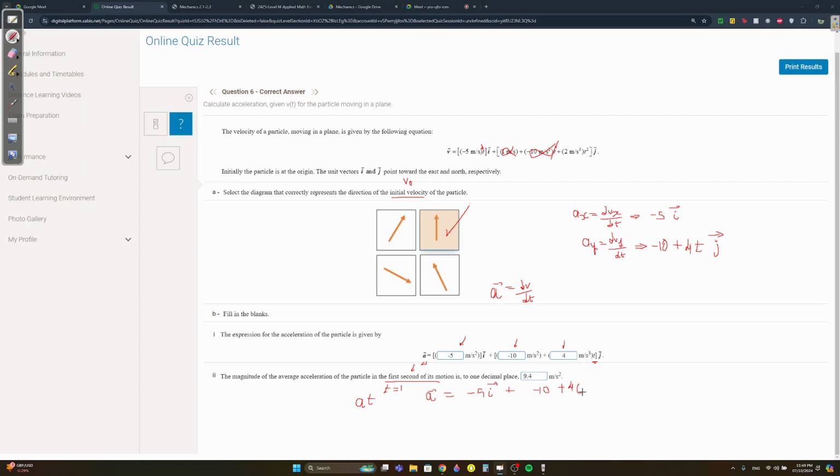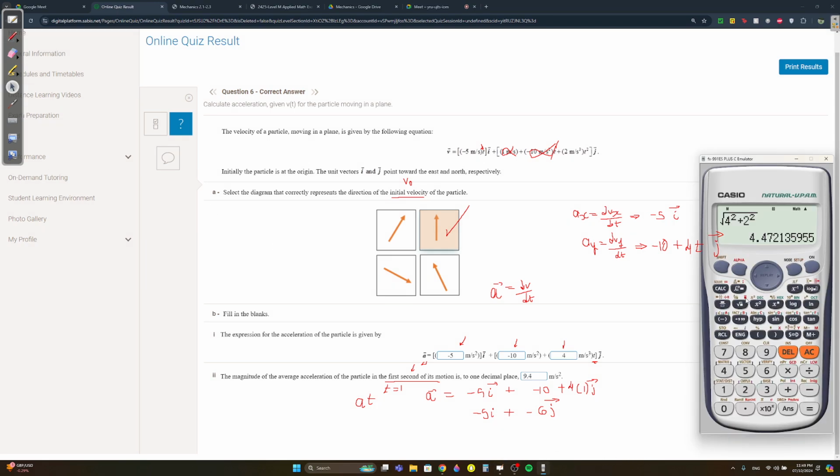What's t? 1, right? So minus 5i, this is j over here, plus minus 10 plus 4, it should be minus 6j, right? Okay, find the magnitude of this, you should get 9.4. So radical 5 squared plus 6 squared... Oh, what did I do wrong?